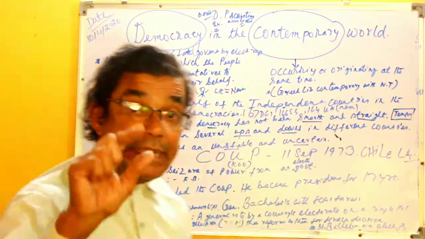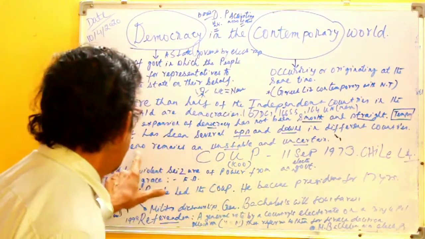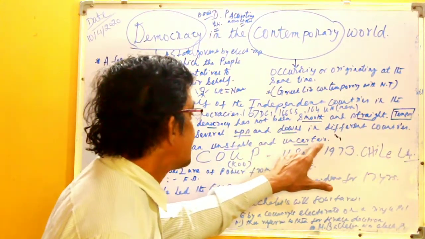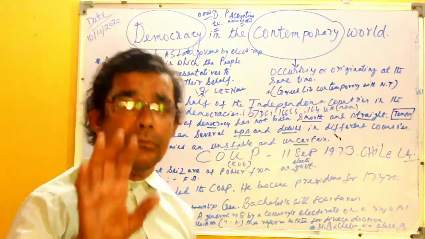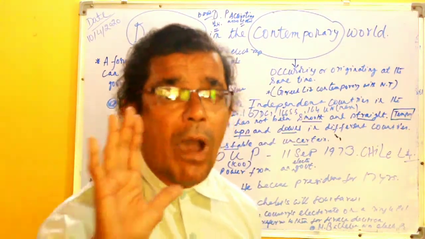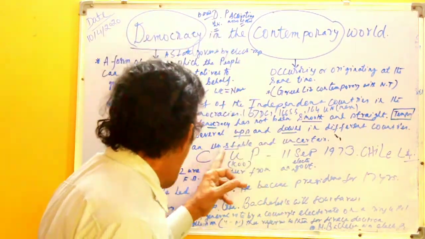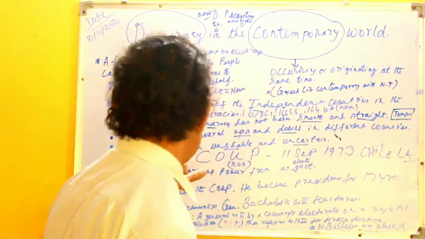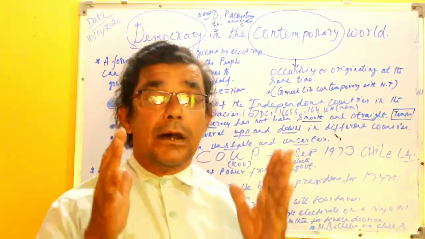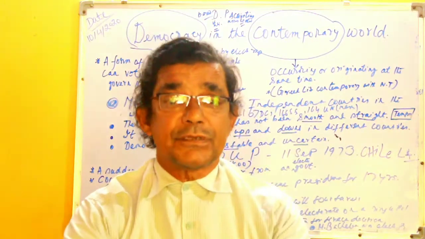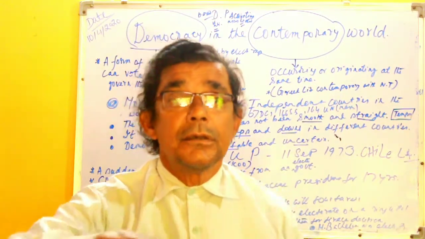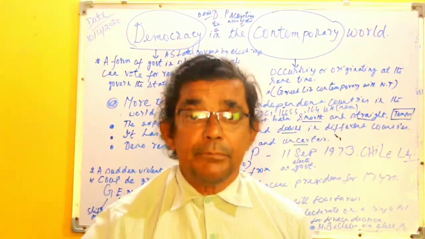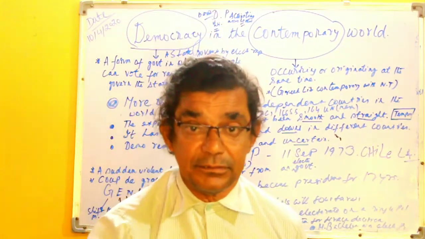Now, in the note you will find democracy remains unstable and uncertain. We'll discuss later on why it is unstable and uncertain for some reasons, but the way of democracy is filled with ups and downs, meaning undulating.